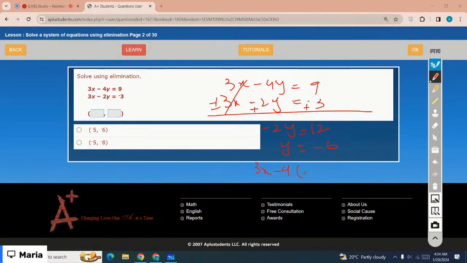3x minus 4 times negative 6 equals 9. So 3x equals 9 minus 24, that is 3x equals negative 15, and x equals negative 5. So the correct option is negative 5 and negative 6.